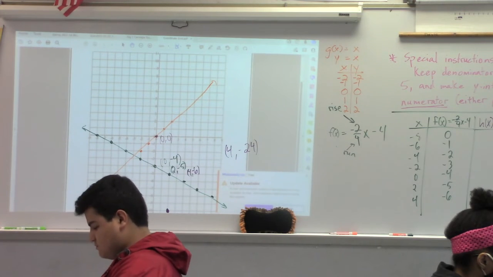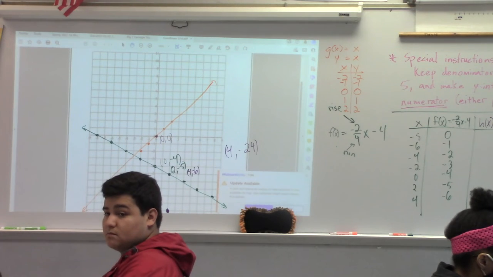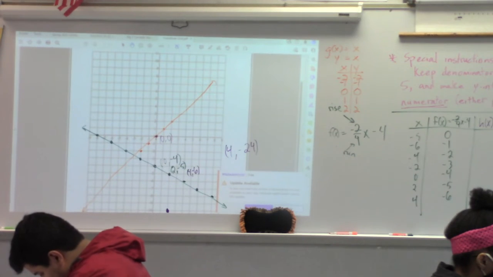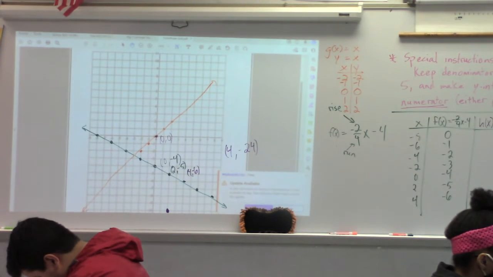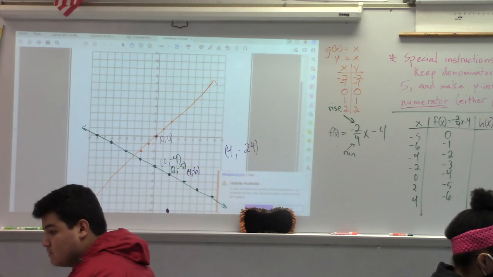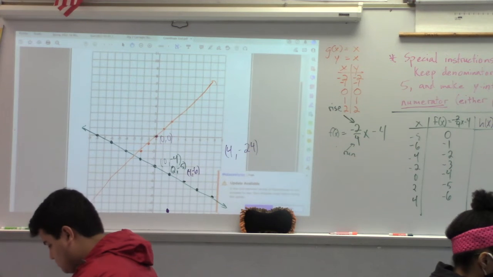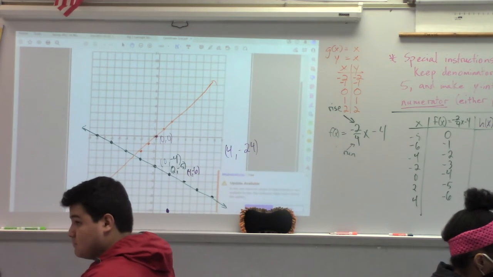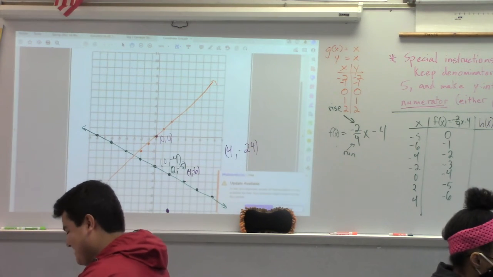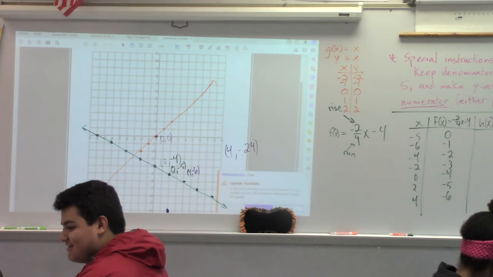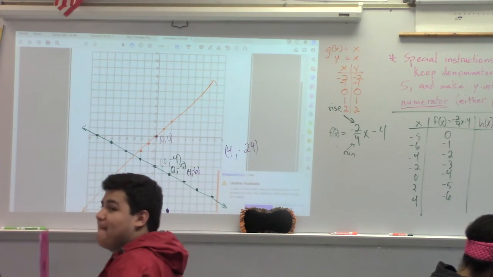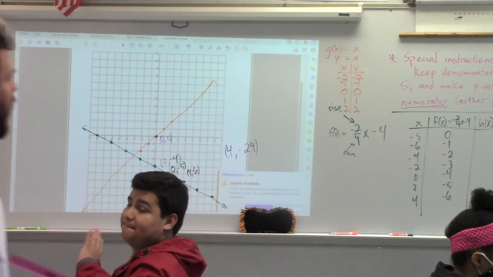You need to label your functions. Label your functions from the beginning so you don't get lost. Ladies and gentlemen, I want to point this out.